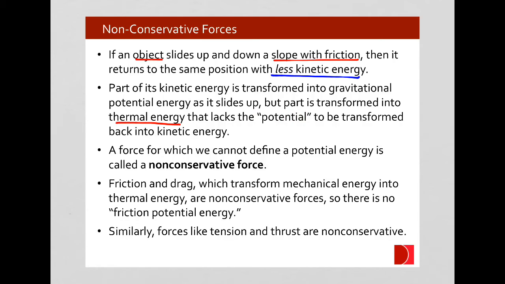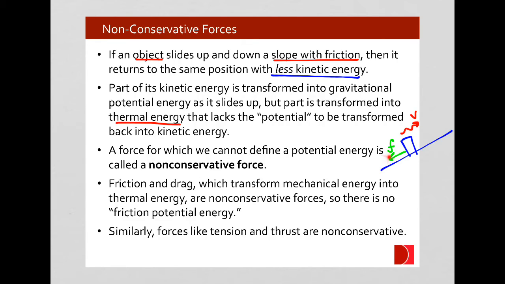What happens furthermore is when the block slides back down, even more kinetic energy is lost to thermal energy. And this is what we're talking about, the direction of the force changing. As the block goes up, the force of friction is down.